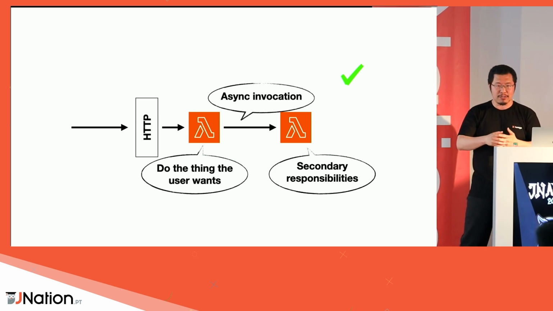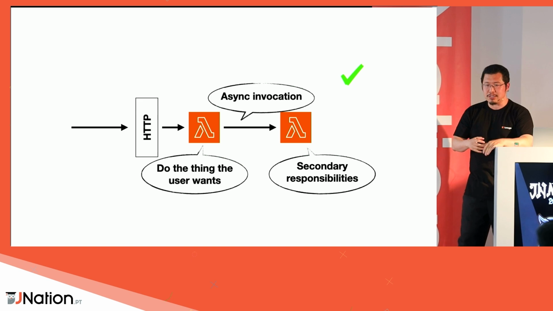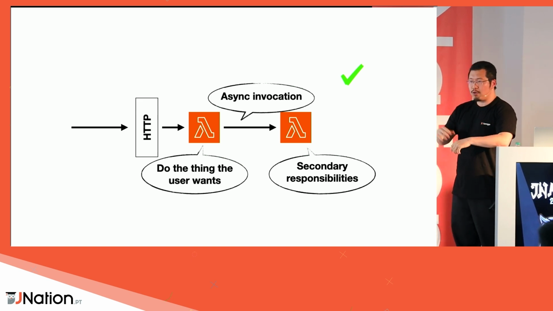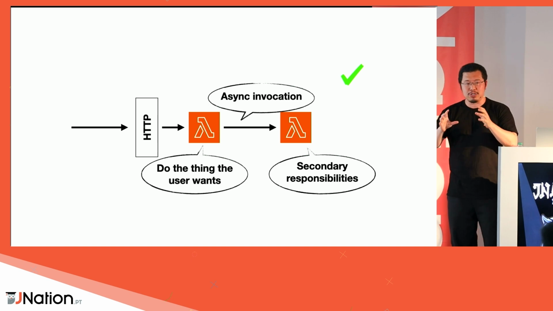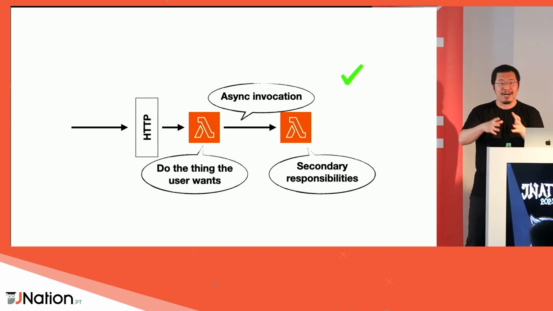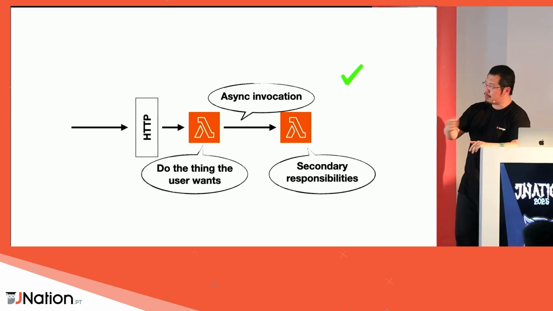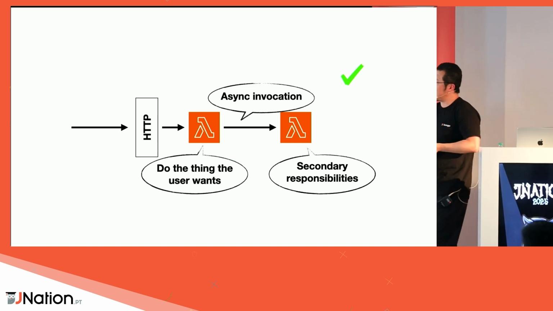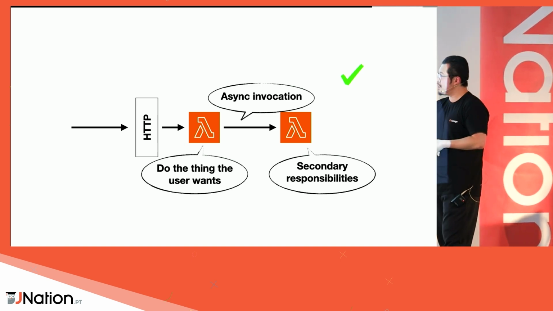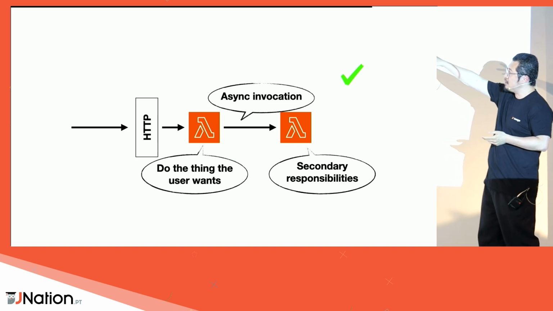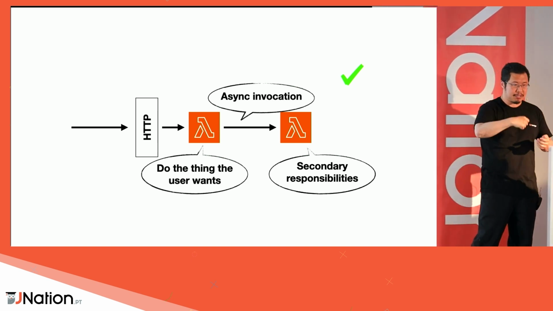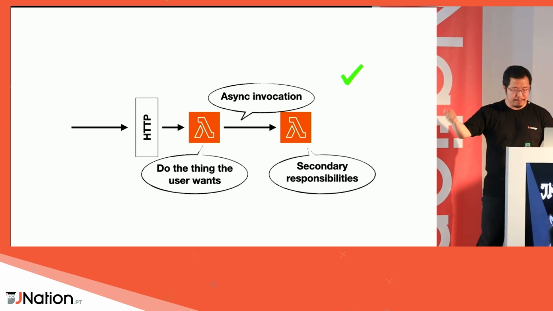We want to track your user actions, maybe like Facebook tracking, pixel tracking, what have you. Well, those things we want to do, but we shouldn't ask you to wait for us to do that before we can respond to your request. So what I can do instead is take those secondary responsibilities and put them into a second function, and I will invoke that second function asynchronously, so the request comes back straight away, and then it gets run behind the scenes.